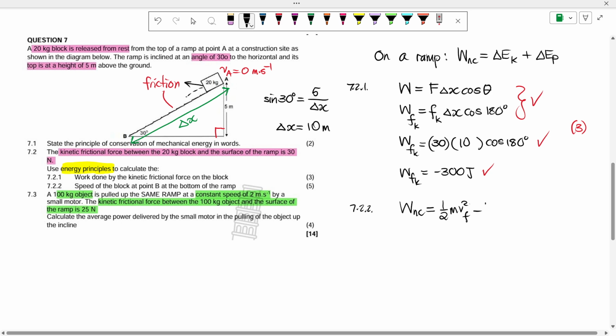So we already calculated that value. So we can just go ahead and write out the equation mgh final minus mgh initial. One thing I also want to mention is that when it comes to this, you can be easily tempted to do this.